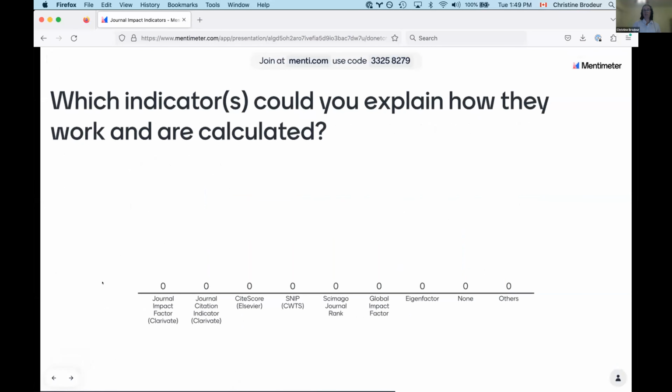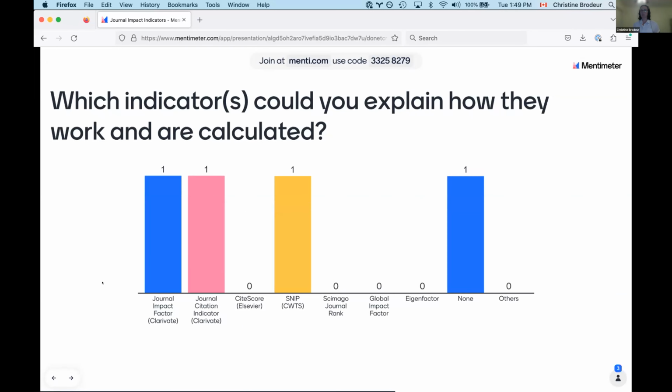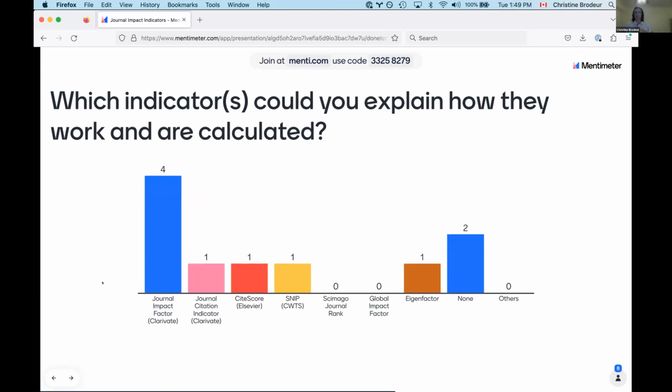Which one then can you really explain, how they work, what they mean, how they're calculated? Like someone comes up to you and says, I have no clue what the CiteScore is, please give me more information about CiteScore. So the first one was really, I've heard the name. And the second one is, oh yeah, I know what it is.